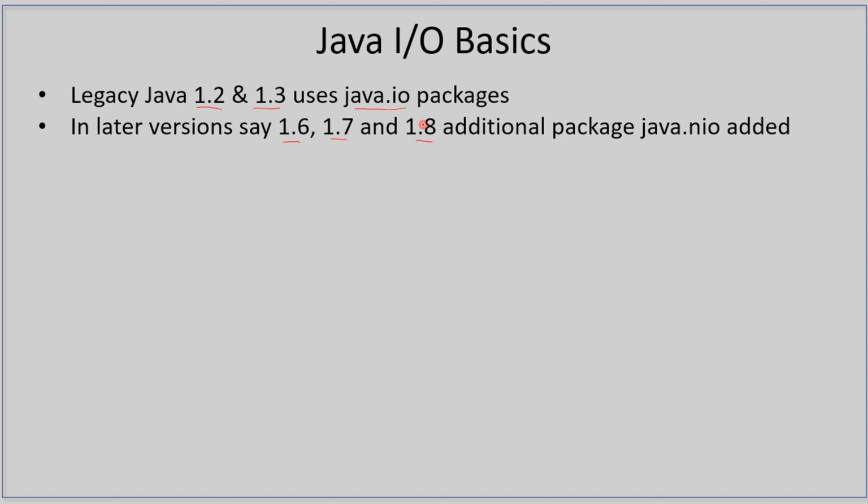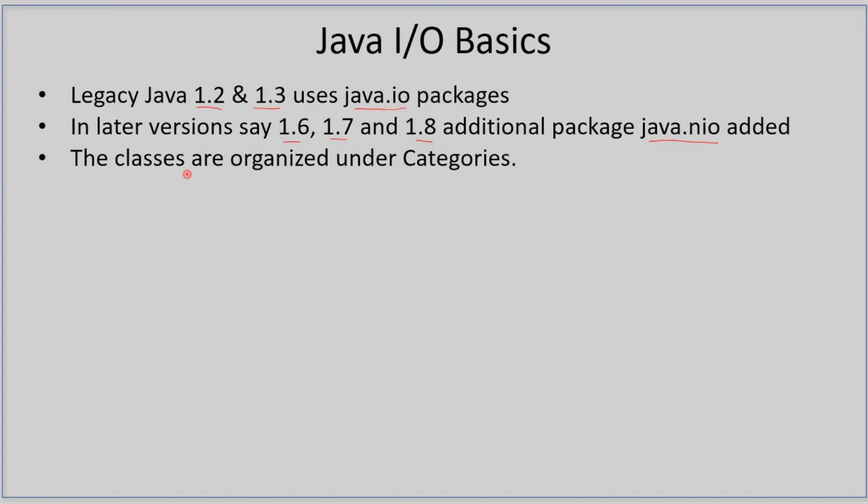These versions have an extended package, so they will have the java.io package as well as the java.nio package. This nio was added in 1.6, and if you look for the java.nio package in 1.2 and 1.3, it will not be available there because it was introduced in a later version of Java.